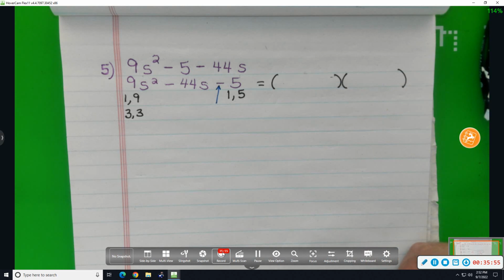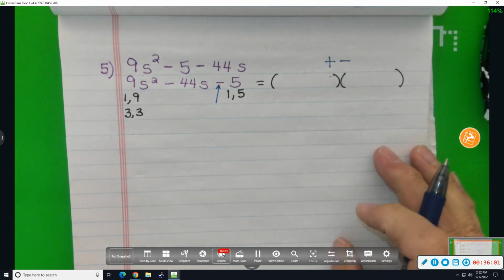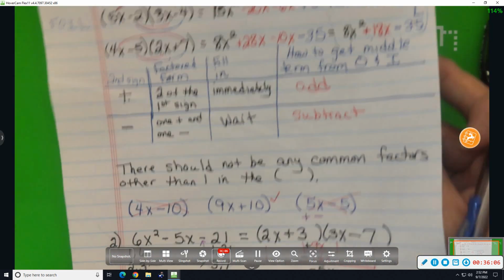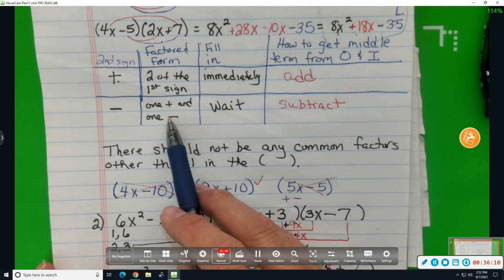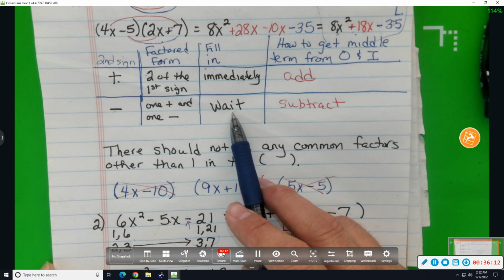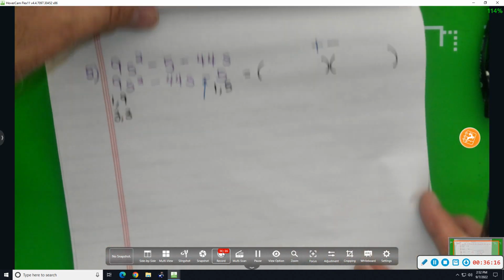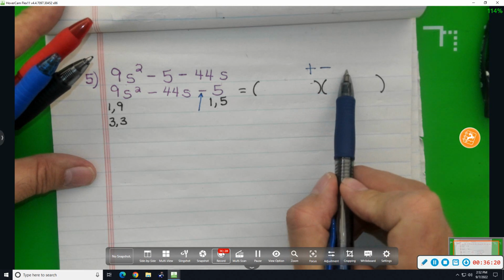The only way you'll get a negative is if there's 1 plus and 1 minus. On my table, it's that second line. If the second sign is negative, you have 1 plus and 1 minus. Wait to fill them in. Okay? But what did I do? I just made a little note to myself that there should be a plus and a minus.